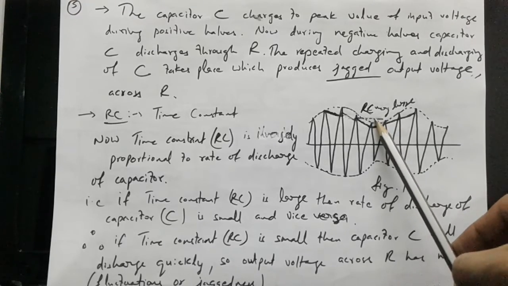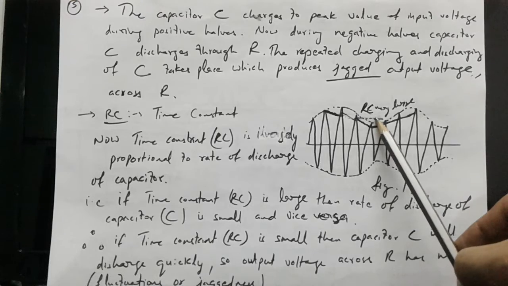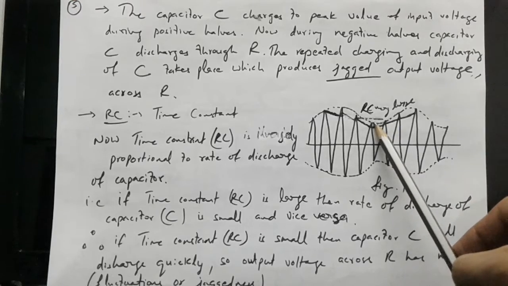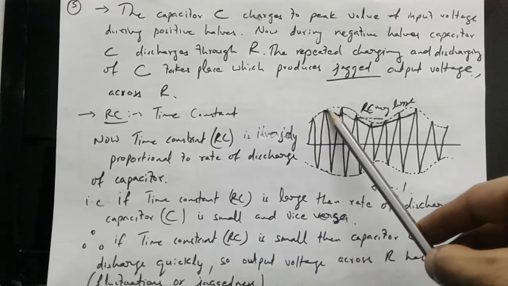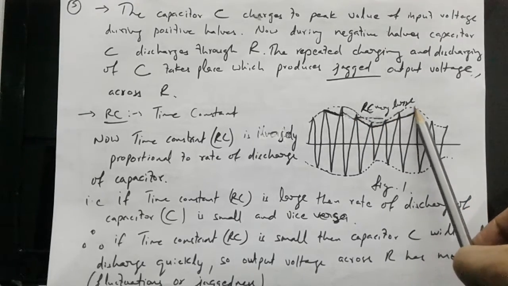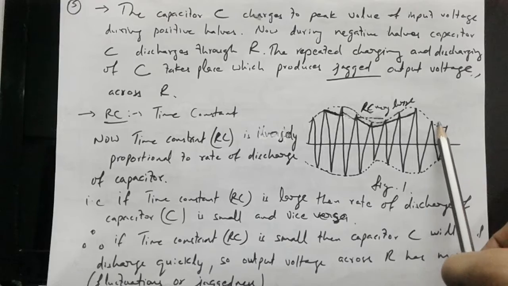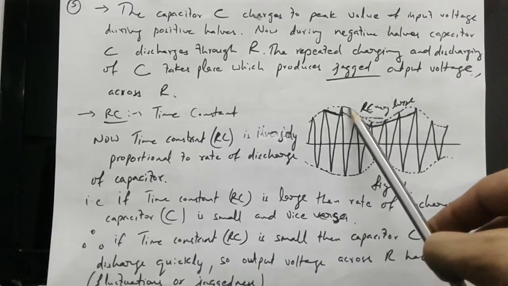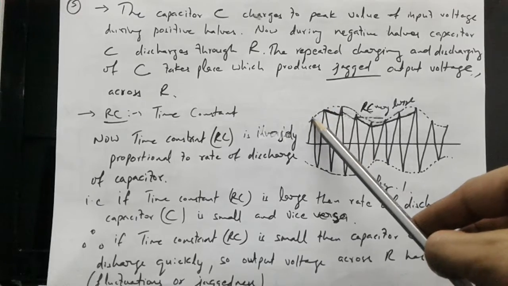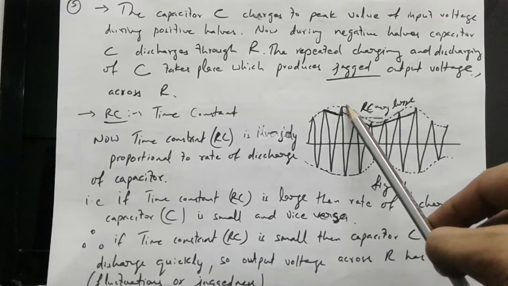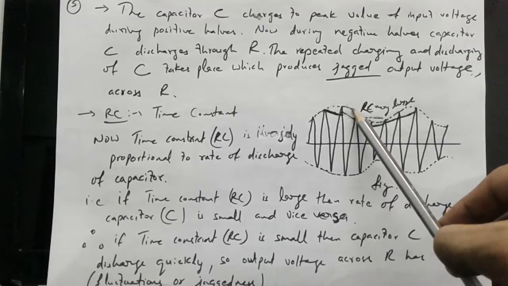So this thing you want to avoid, because in that case this portion will be clipped. I want to get almost the same AM wave which we transmitted initially in the process of modulation.